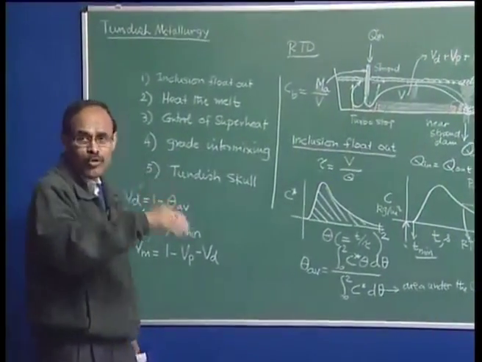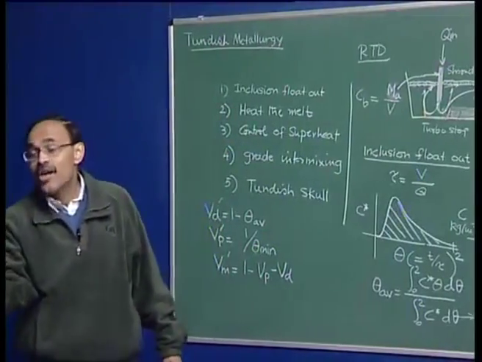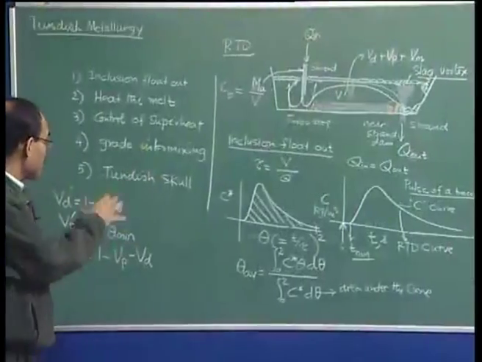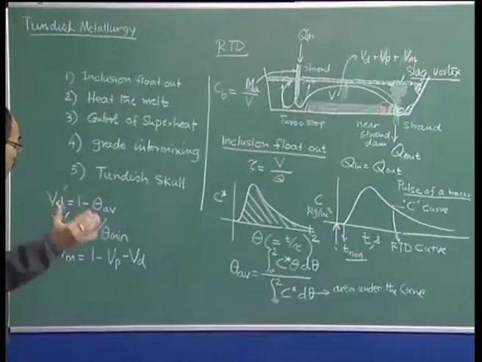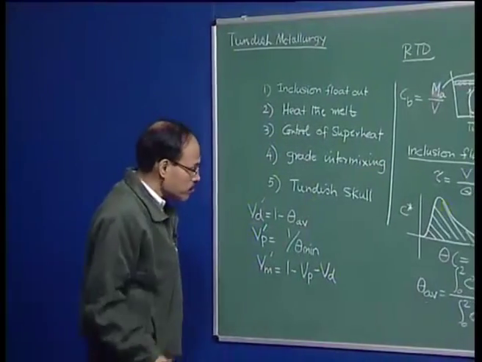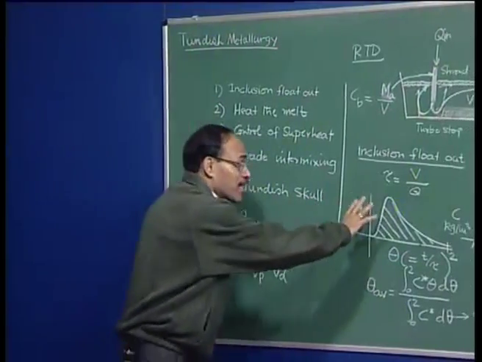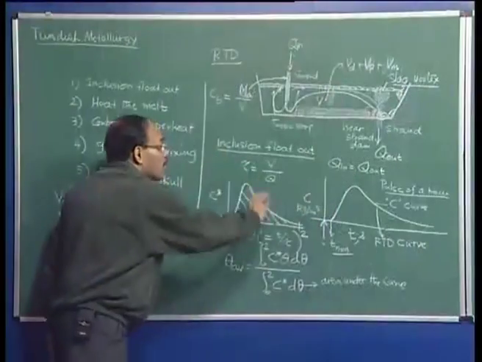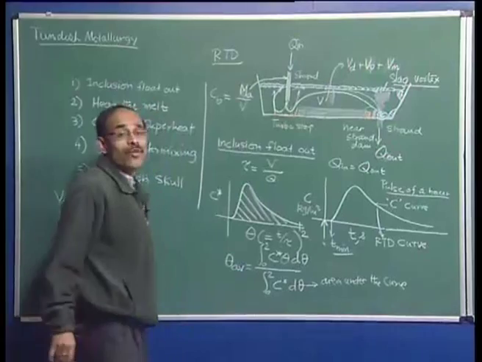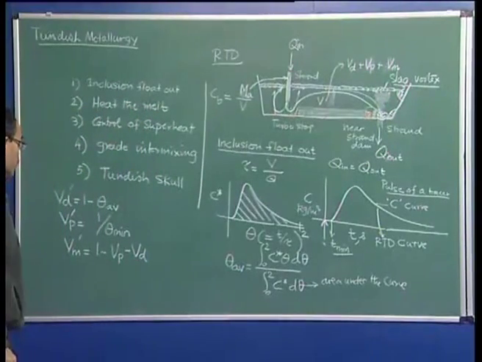Therefore, the inclusion flotation capabilities are also going to change with tundishes, as a function of operating conditions and geometry itself. They are not going to be similar, because the characteristic residence time curve is a function of the tundish operating conditions and tundish geometry.